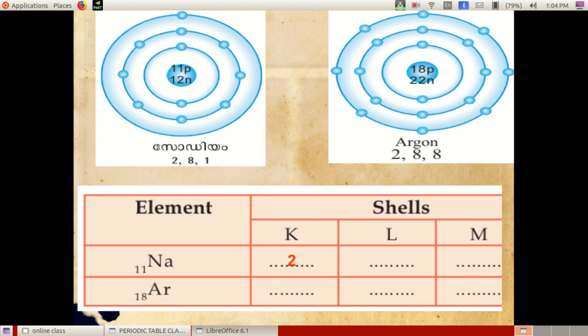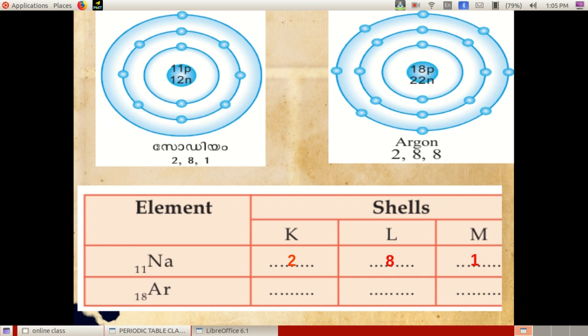In K shell we can accommodate only 2 electrons. In L shell we can accommodate maximum 8 electrons and M shell the last 1 electron. So its electronic configuration is 2,8,1.